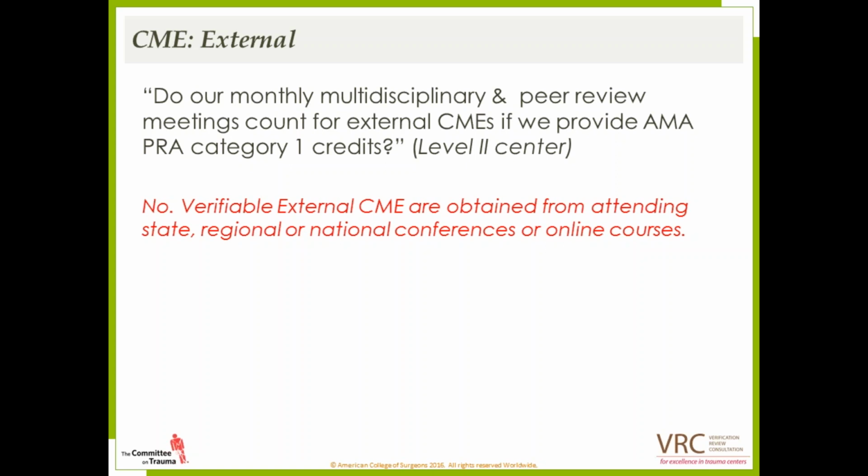What we're looking for in external CMEs is for your liaisons and trauma medical directors to attend state, regional, national conferences or online courses. So if they attend EAST, AAST, trauma critical care, those are the kind of CMEs that we are looking for when we're speaking about external verifiable trauma CMEs.